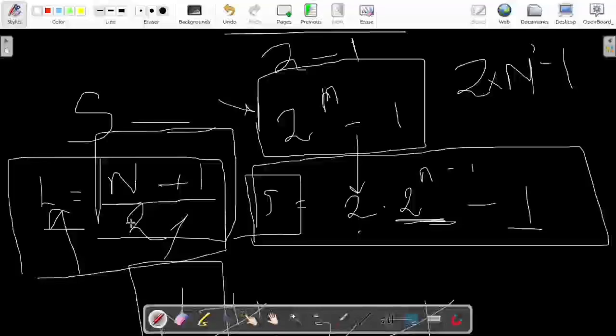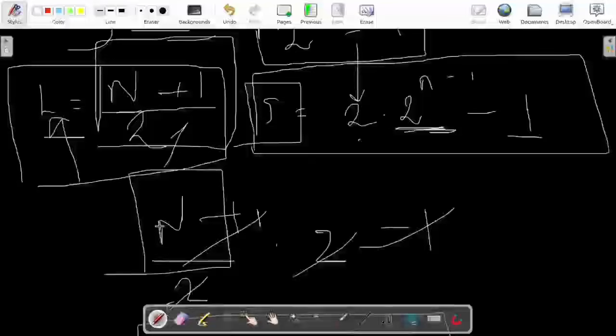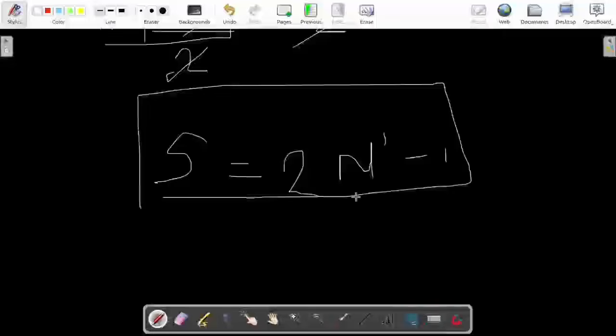Then I put an equation in front of you that in a complete binary tree, the total number of nodes is n plus 1 by 2. If I multiply this term by 2 and subtract a 1 from it, I get the total number of nodes. Similarly, if we multiply this term by 2 and subtract a 1, we get the total number of nodes. It means this term and this term are the same. So that's why I just replaced it.